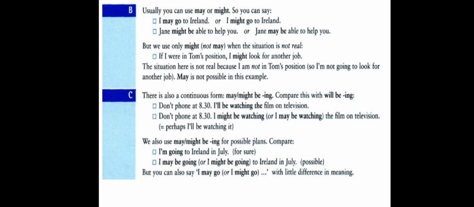But you can also say I may go or I might go with little difference in meaning. And here we speak about the action in general in the future, possibility in the future in general. But with might be going, it is specified somewhat.